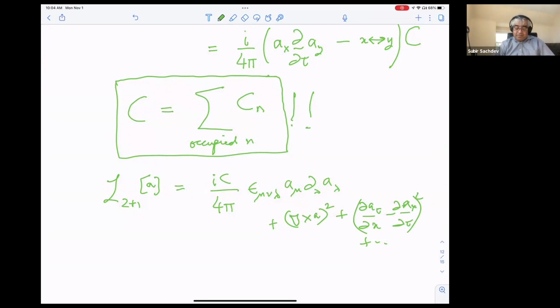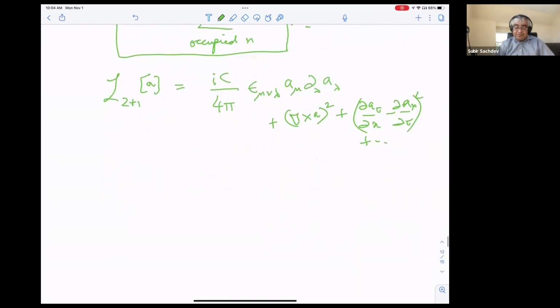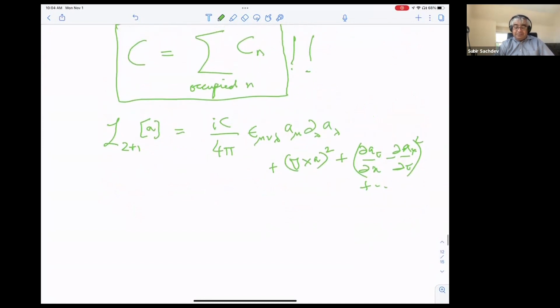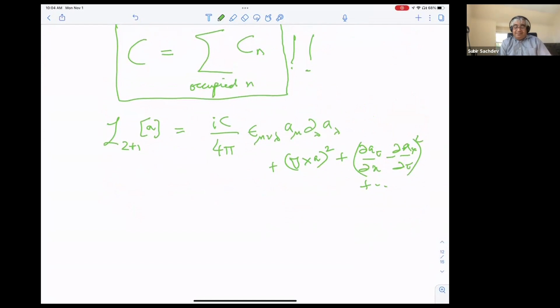Okay, so now continuing our discussion of the bulk, what does this mean? What does this Chern-Simons term imply? So here I am going to punt, so to speak. I'm using an American football term, actually. I don't know what the equivalent term in cricket is. Anyway, I'm not going to go through a discussion of Chern-Simons gauge theories. I think you can find it in many places, and there are also notes that I have on it.